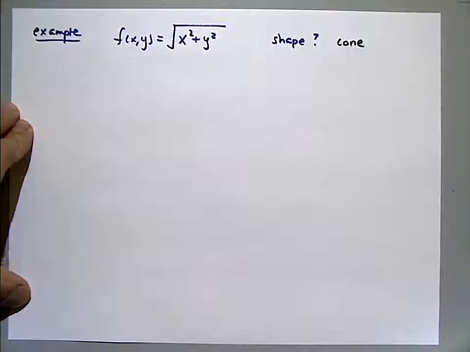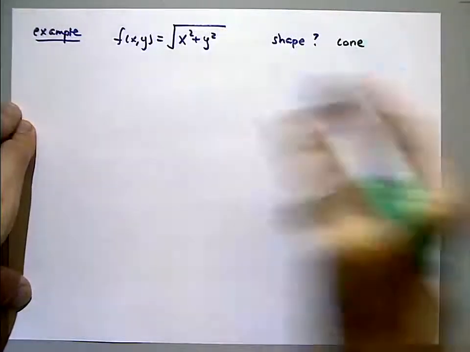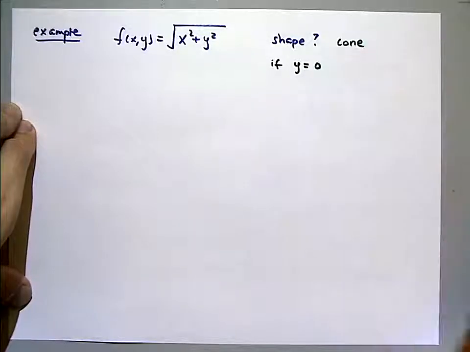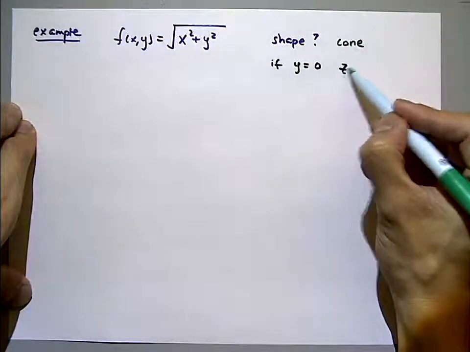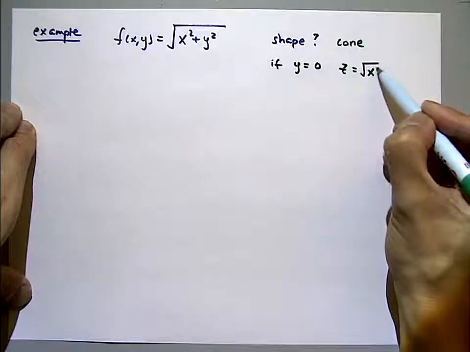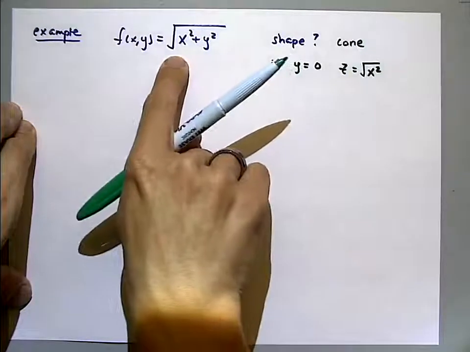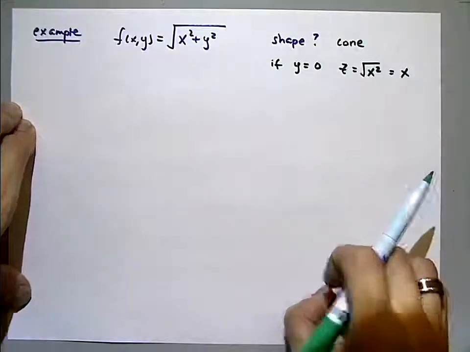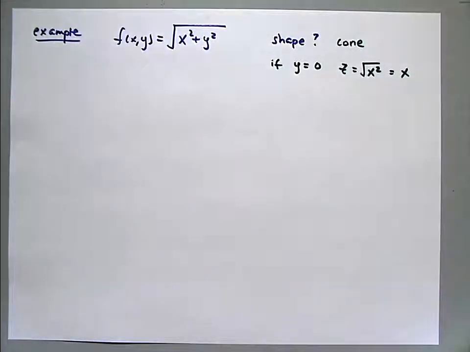All right, so if you have trouble figuring that out, look at what happens if y is equal to 0, for example. Then z is equal to square root of x squared. We're only concerned with the positive root here, so this implies that z is equal to x. So that means for every slice of y constant, you're going to see a line with different intercepts.